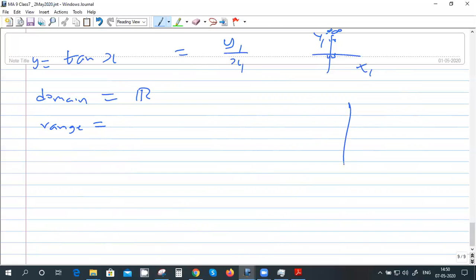So the plot of tan x will be like this. At 0 degrees it is 0, and at 45 it is 1. At pi by 2, this side is shooting to infinity, and this side will be minus infinity. So the range is again the entire real line.